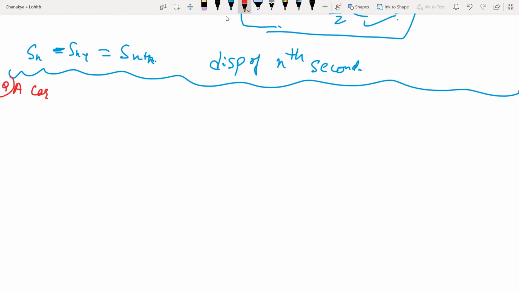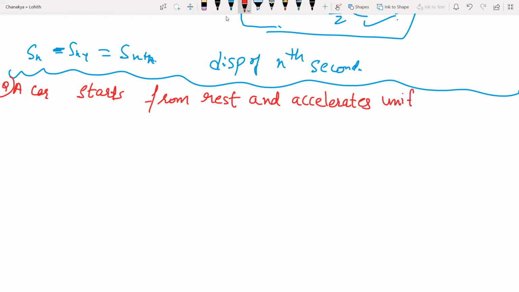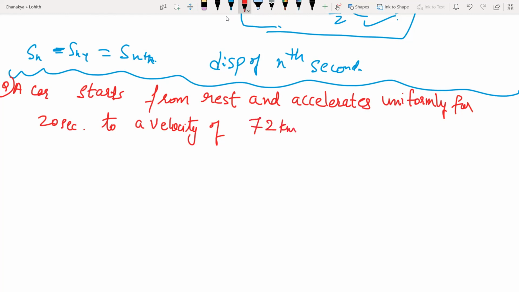Check it. A car starts from rest and accelerates uniformly for 20 seconds to a velocity of 72 kilometers per hour.